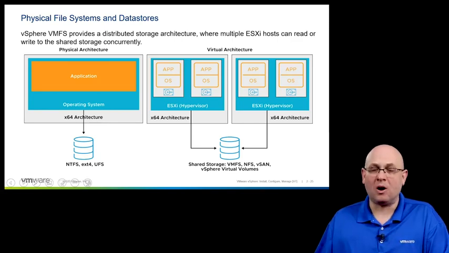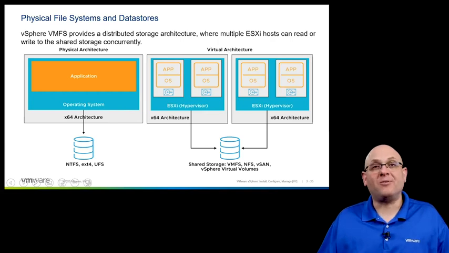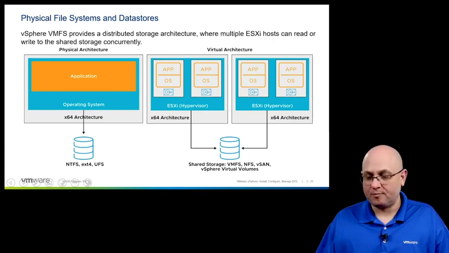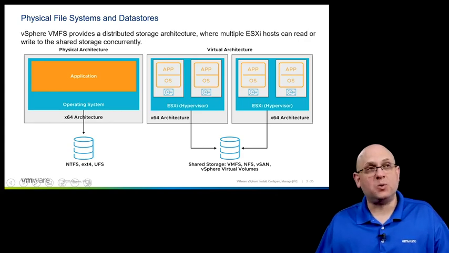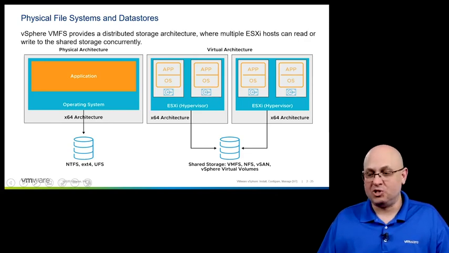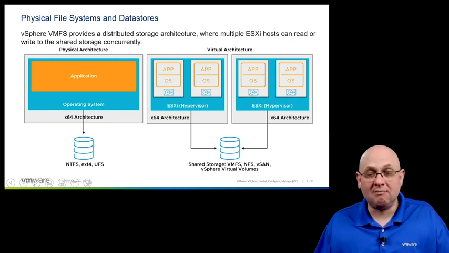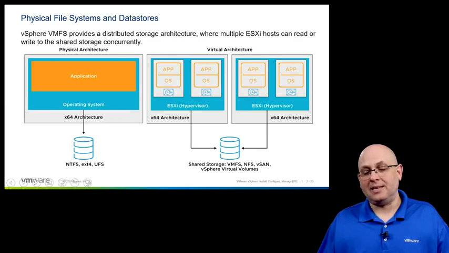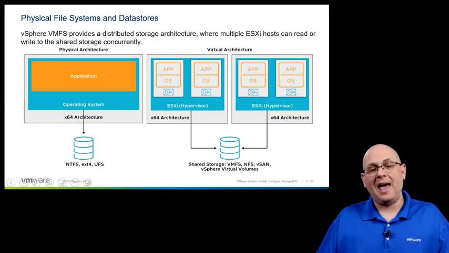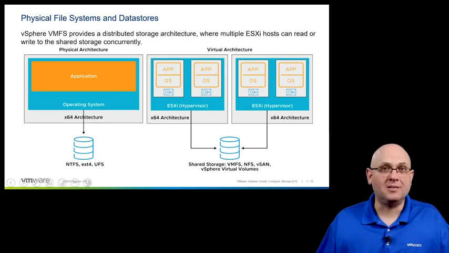Now this data store, we use this term data store simply to represent a place where I can have virtual machine files. And this is where my virtual disks will go. When I build this virtual disk as a specification for my virtual machine, if that virtual disk, I say, is 100 gigs in size, right? That means Windows will see a 100 gig C drive, for example, and that VMDK file itself will be 100 gigs in size.